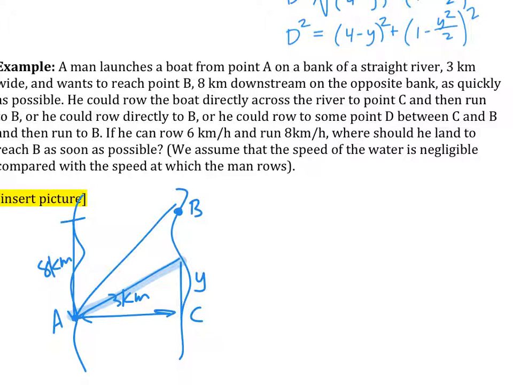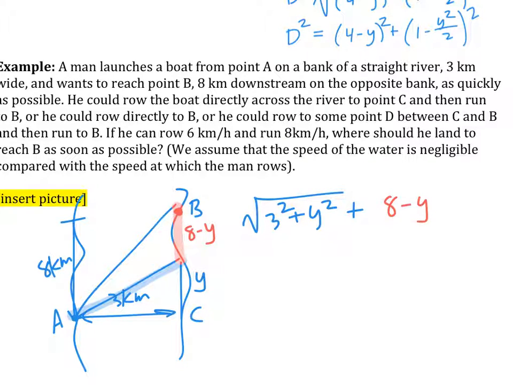So the diagonal that he's going to row is the square root of 3 squared plus y squared, plus how much he's actually going to run. The amount he's going to run is 8 minus y, because it's just the leftover of how far he rowed. So that is plus 8 minus y.